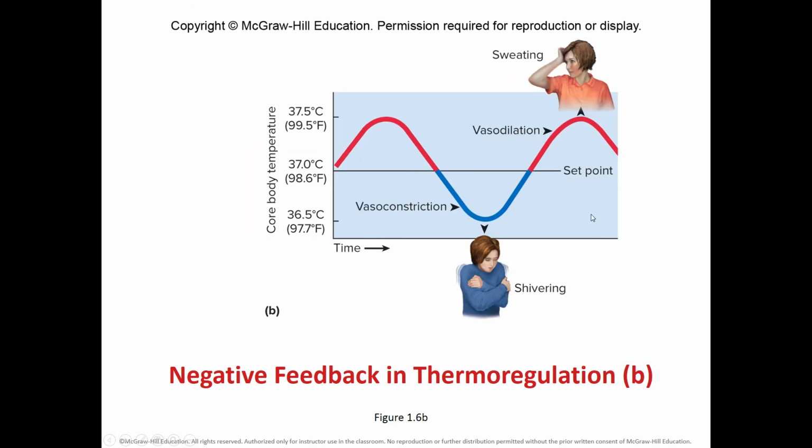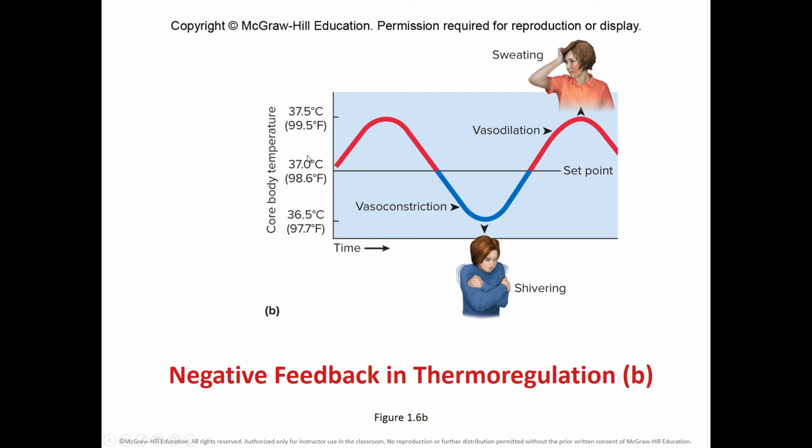So similarly happens with our body. The normal body temperature will be 98.6 degrees Fahrenheit or 37 degrees Celsius. And then you can have certain variation plus 0.5 degrees Celsius or minus 0.5 degrees Celsius.